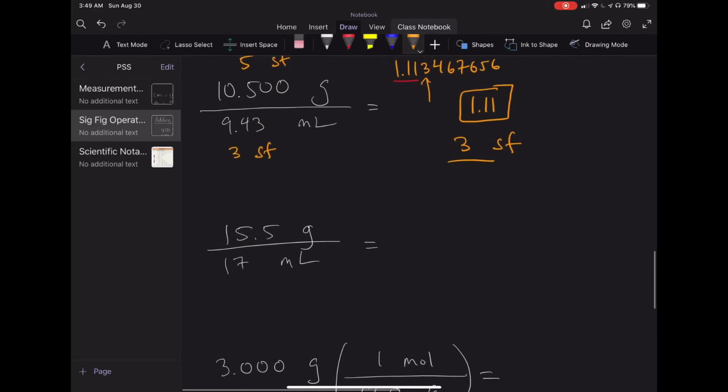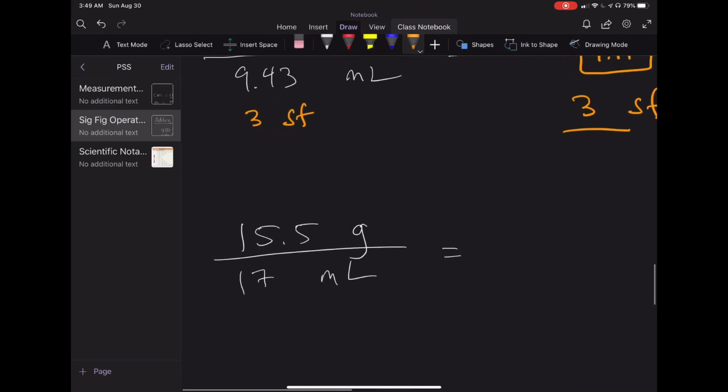Next example, again, another pretend density example. We've got 15.5 grams was the mass of some object, and we also measured its volume to be 17 milliliters. 15.5 has 3 sig figs, 17 has 2 sig figs, so our final answer needs to have 2 sig figs.